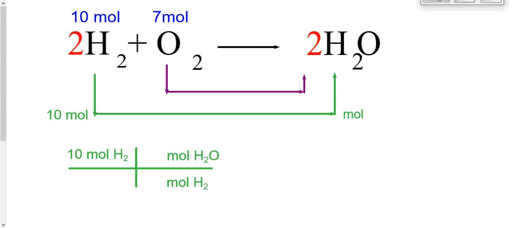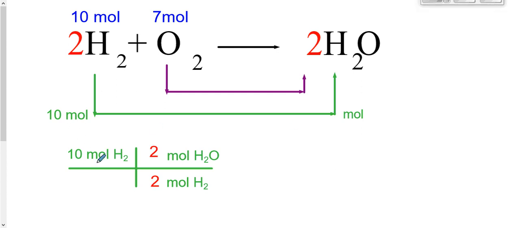Now we need numbers to make it true. When we have a moles to moles section on the factor label line, the numbers that we use come from the balanced equation. In the balanced equation, there's a 2 beside hydrogen, so I'm going to put a 2 beside hydrogen here. And there's a 2 beside water, so I'm going to put a 2 beside water there.